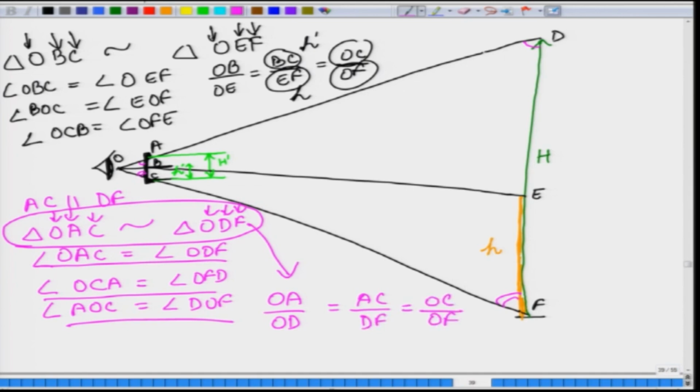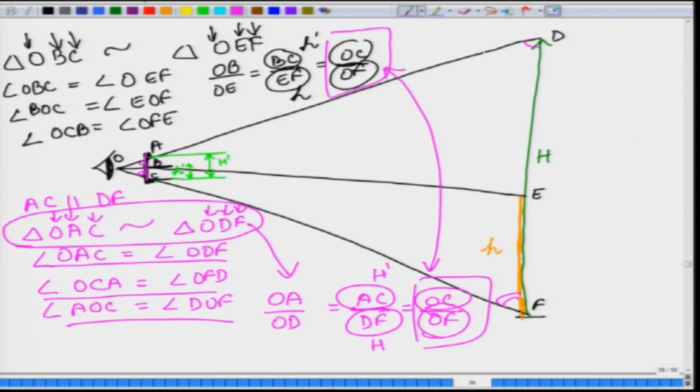Now, in this case, we know AC. So, AC is this much, which is H prime, with a capital H. DF is equal to capital H, is equal to OC divided by OF. Now, this figure of OC by OF, we are seeing it in both the places.